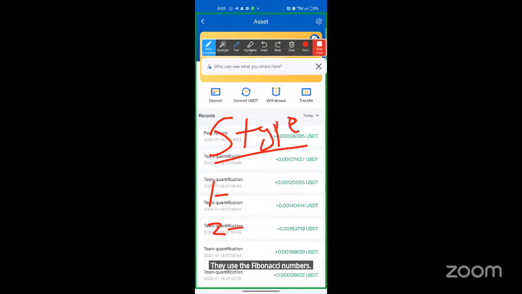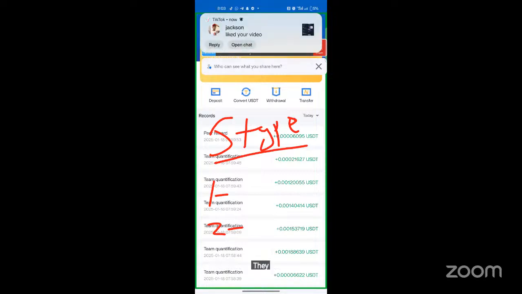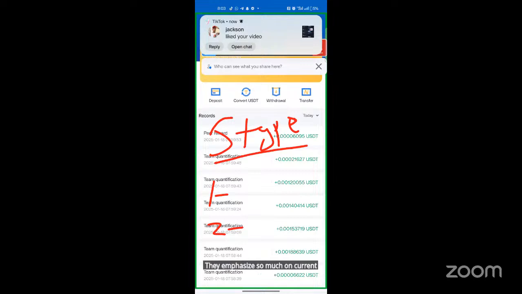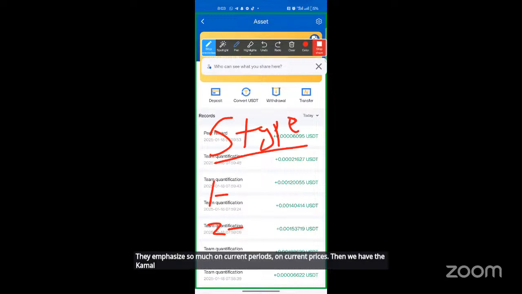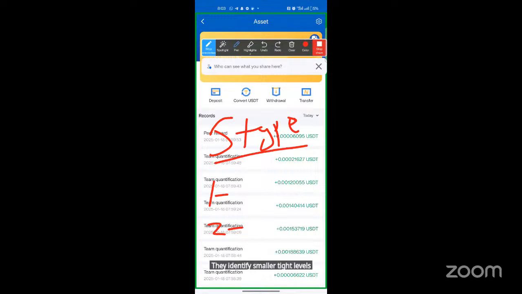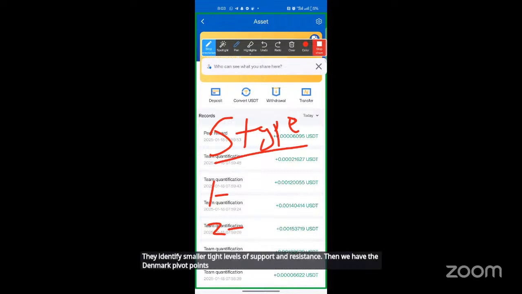Then we have the Woods pivot point. They emphasize so much on current periods or current prices. Then we have the Camarilla pivot points. They identify smaller, tight levels of support and resistance. Then we have the Demark pivot points. These use a different formula for the central point, but I will not go into all of that.